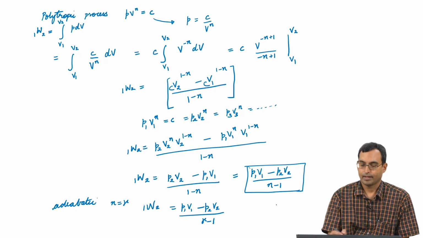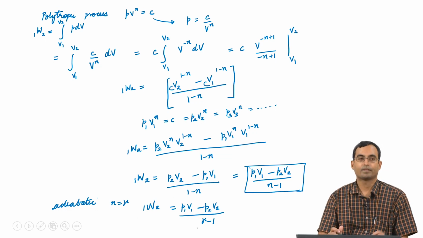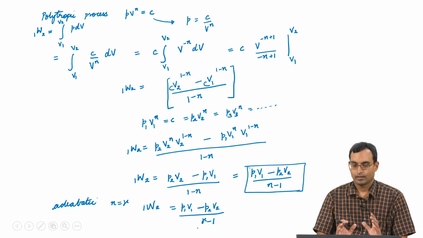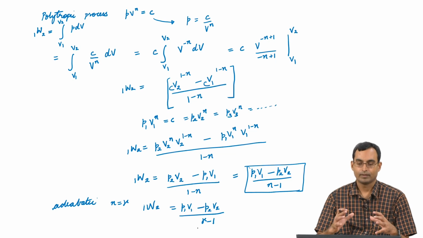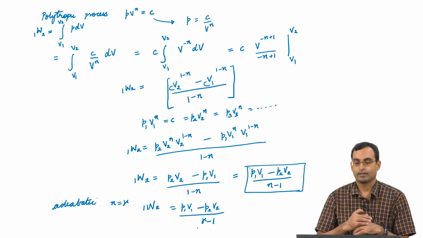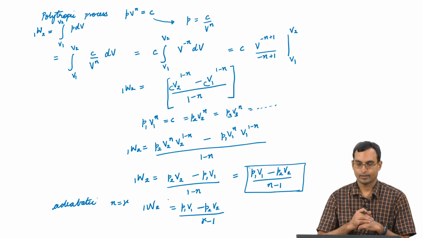And for the general case, we got an expression of this kind. All of these refer, of course, only to the displacement work when you have, for example, a piston cylinder arrangement, or some volume which is deforming, and because of the change in the volume itself, we have work which is done. This kind of expression gives the work in those cases.